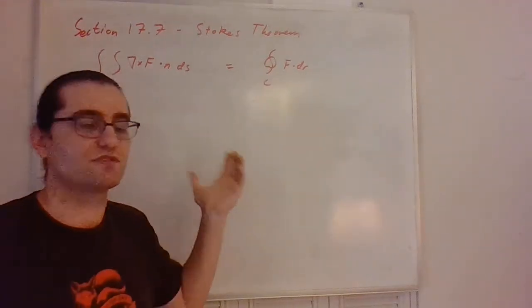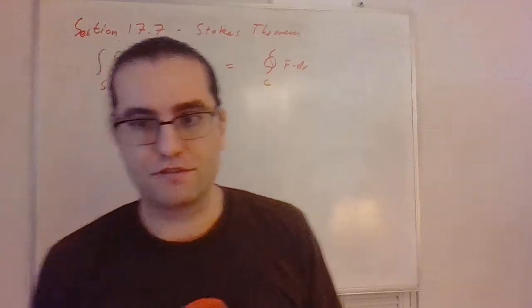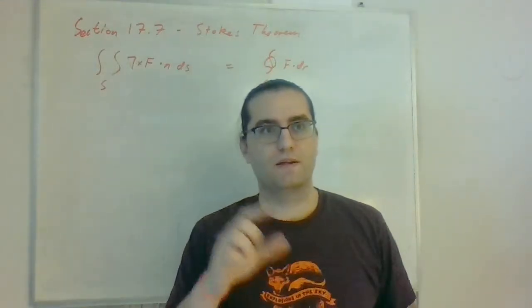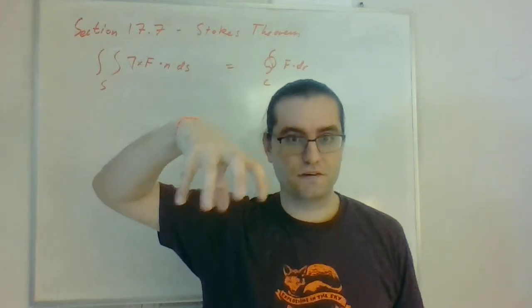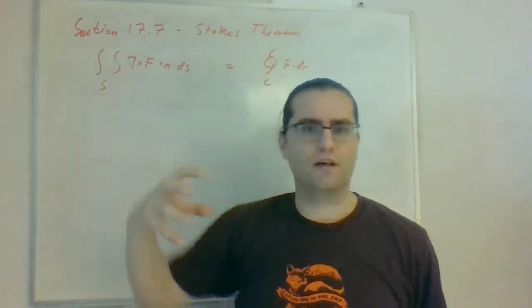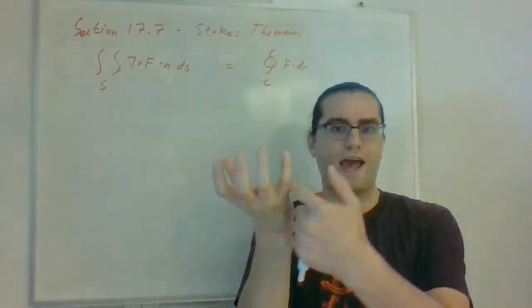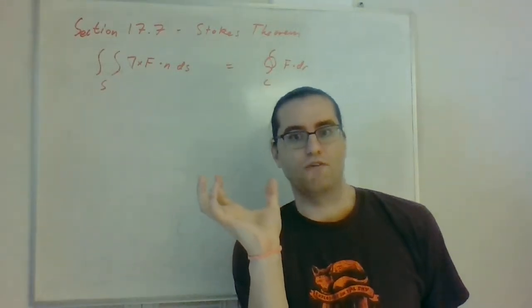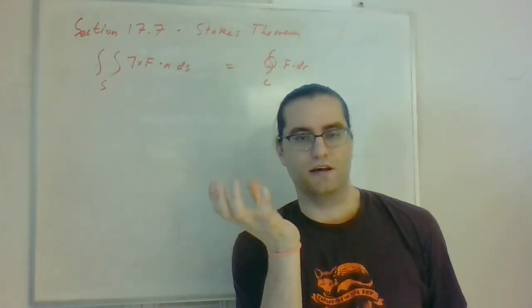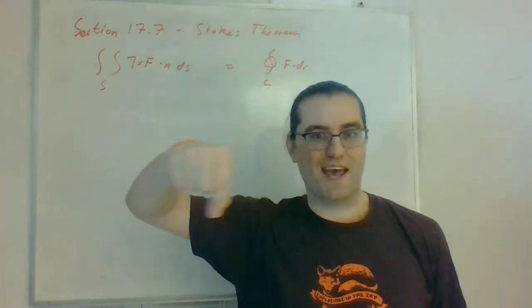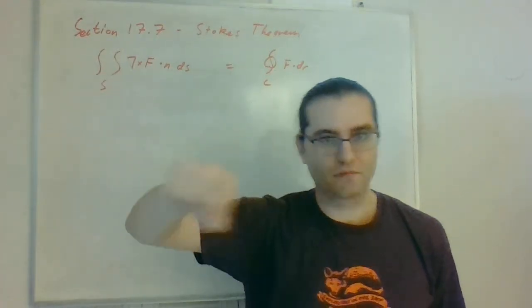This only applies to surfaces that have an edge. So if you're doing a half sphere, like in the end of our flux integral videos where we did the flux through a half sphere, that has an edge, and the edge of that half sphere is a circle.